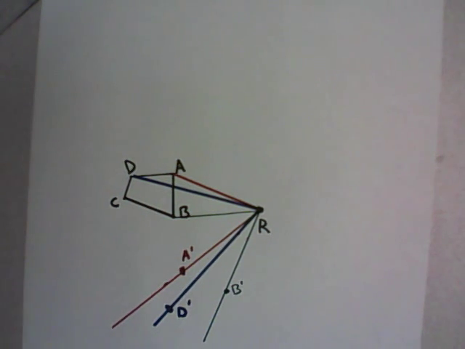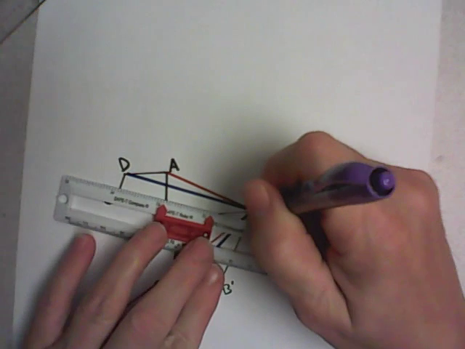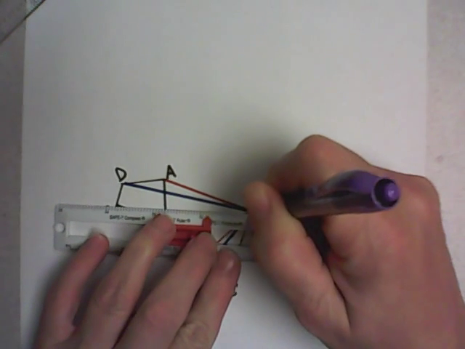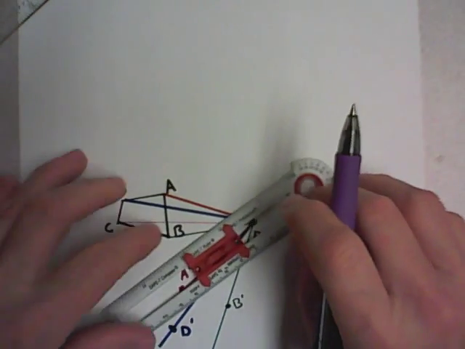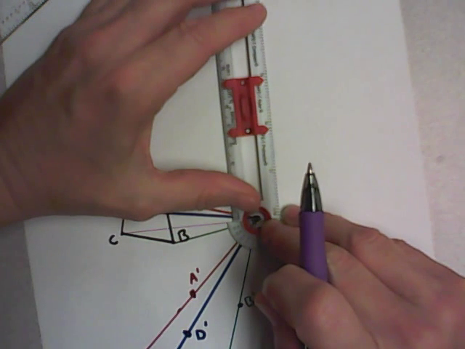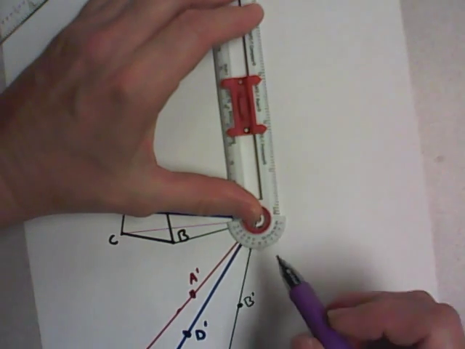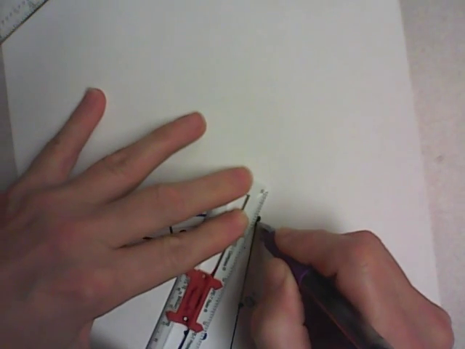And I got one last one to do. So R to C, which is my farthest one. R out to C. Draw my segment. Use my protractor. Get 60 degrees for that line. And 60 degrees right there. Draw that line out.